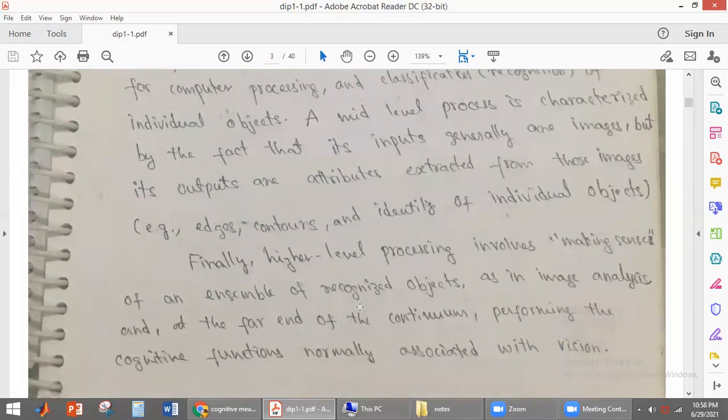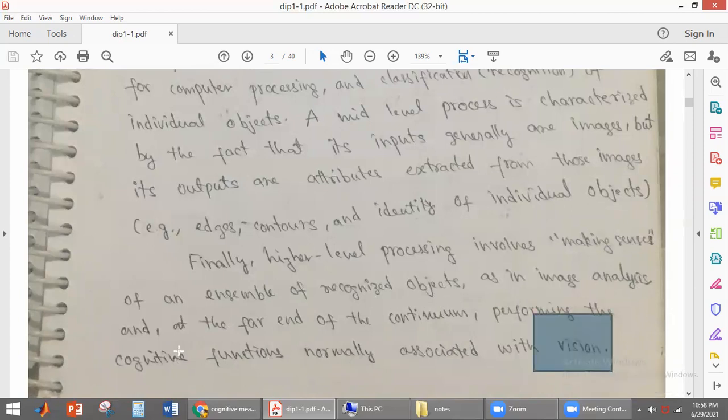Finally, we have high-level processing. High-level processing involves making sense of an ensemble of recognized objects. Okay, so we take a group of recognized objects, as in image analysis, and at the far end of the continuum we perform the cognitive functions normally associated with vision. So what does high-level processing do?